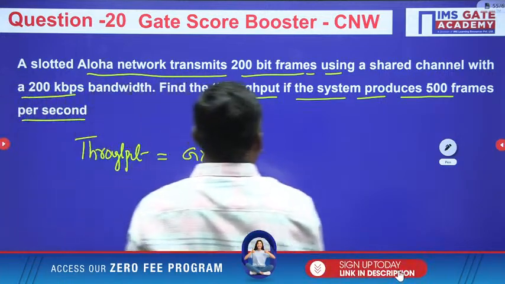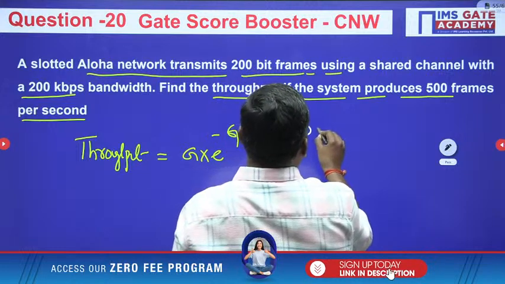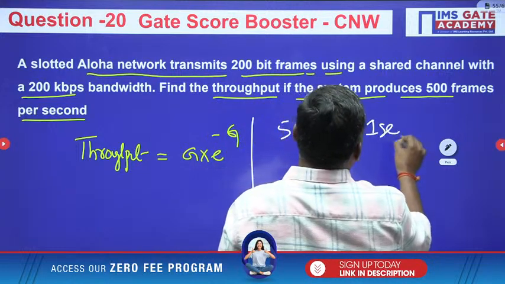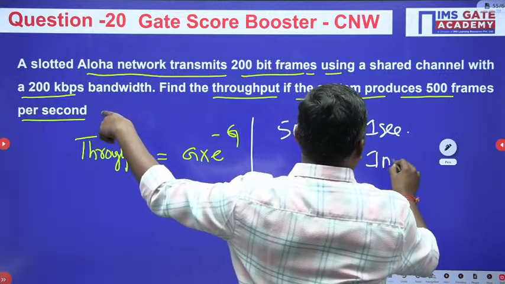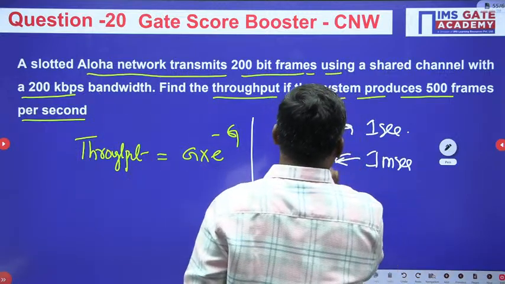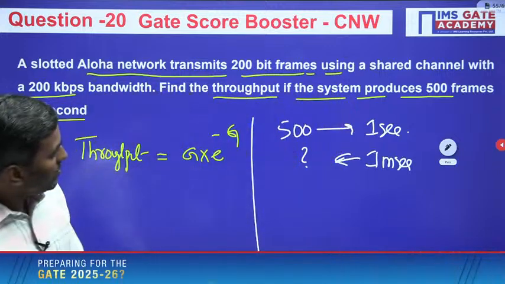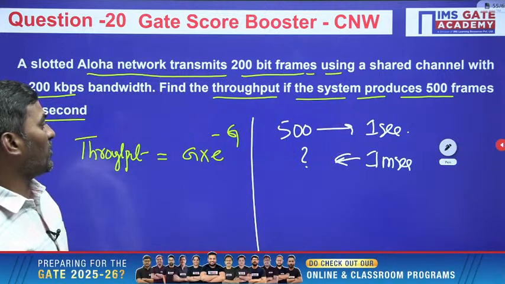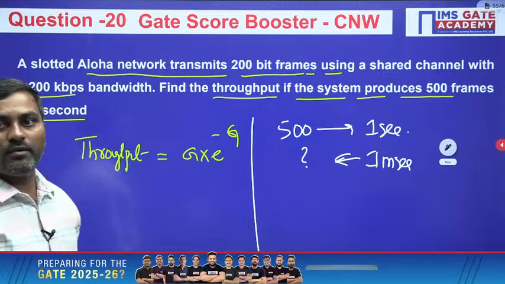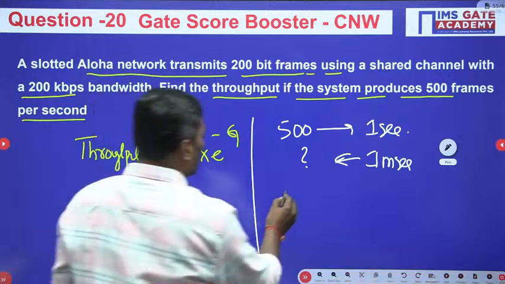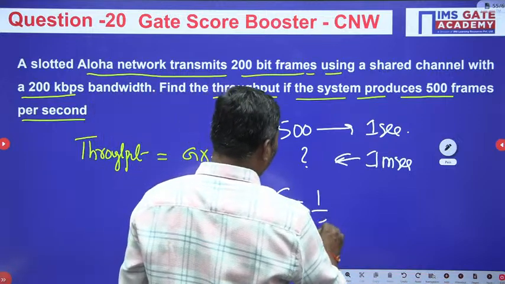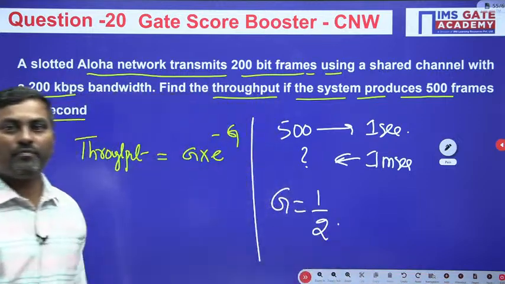In 1 millisecond, how many frames are generated? So this is nothing but the G value, 1 by 2. Is it 1 by 2?